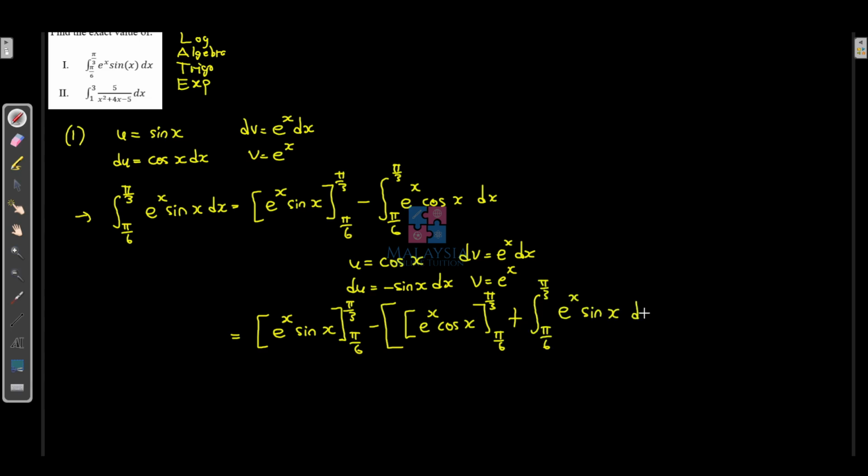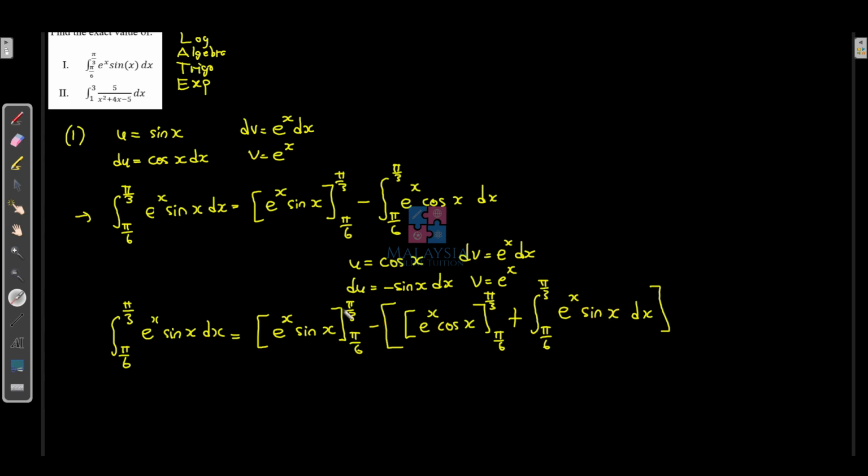Surprisingly, if you look carefully, this is actually the question that we had just now. So what you need to do here is shift that to the left-hand side. We call this type of integration recurring integration by parts, because the integration by parts does not come to an end. That's why you get back what you have for the question.